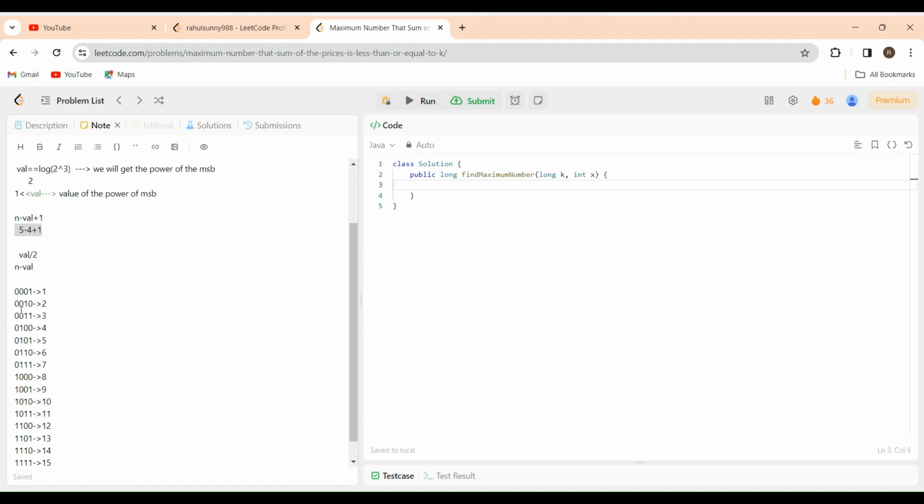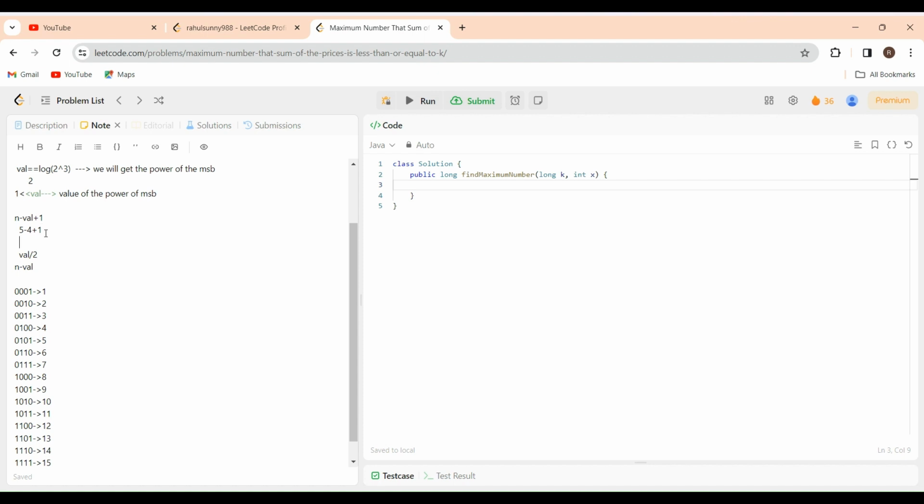So from here, 5 minus 4 is 1. Up to here we need to consider the set bits, right? If we count 1 and 2, we are getting the same, right?